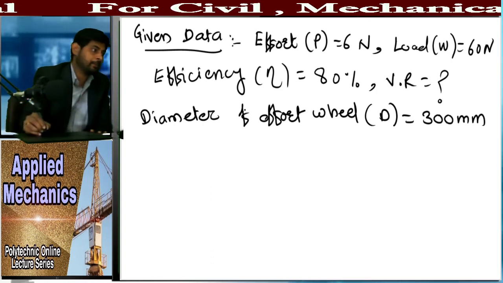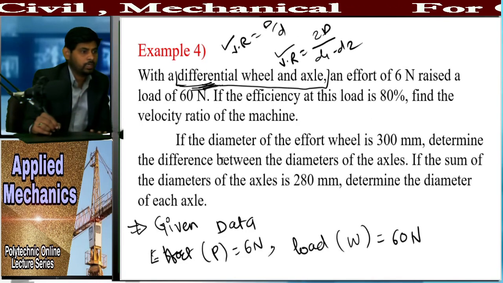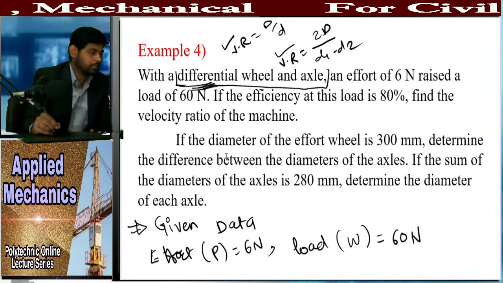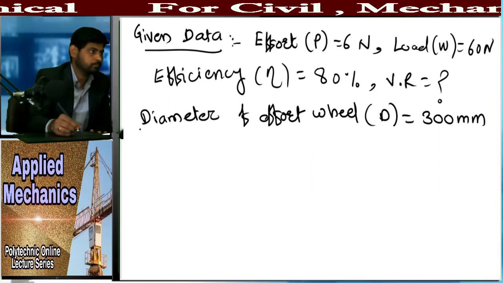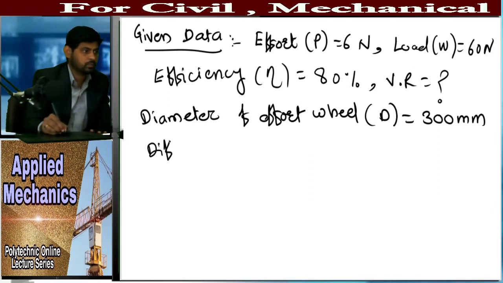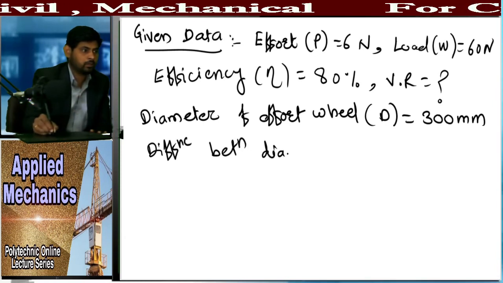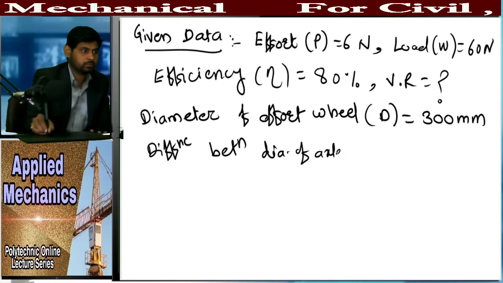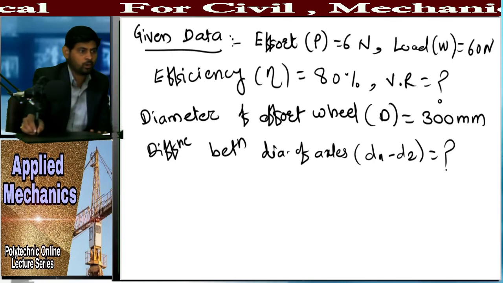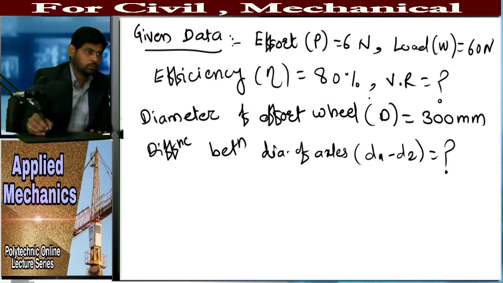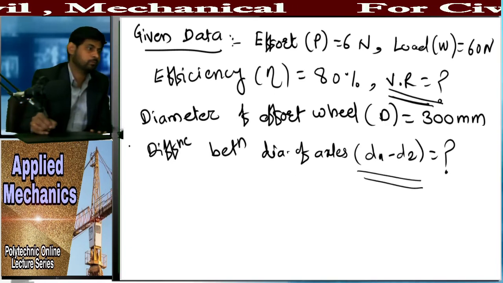After that, determine the difference between the diameters of the axles. So we have to find out the difference between the diameters of axles, that is d1 minus d2, is equal to how much. So this term we have to find out.